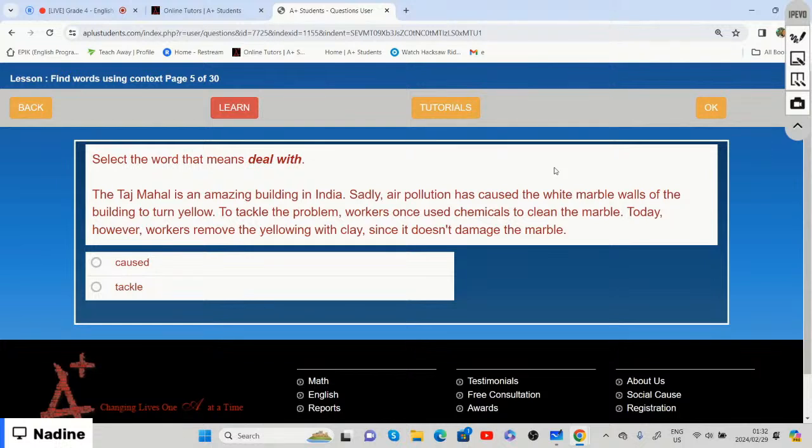So deal with, does it mean to cause something, or to tackle something?